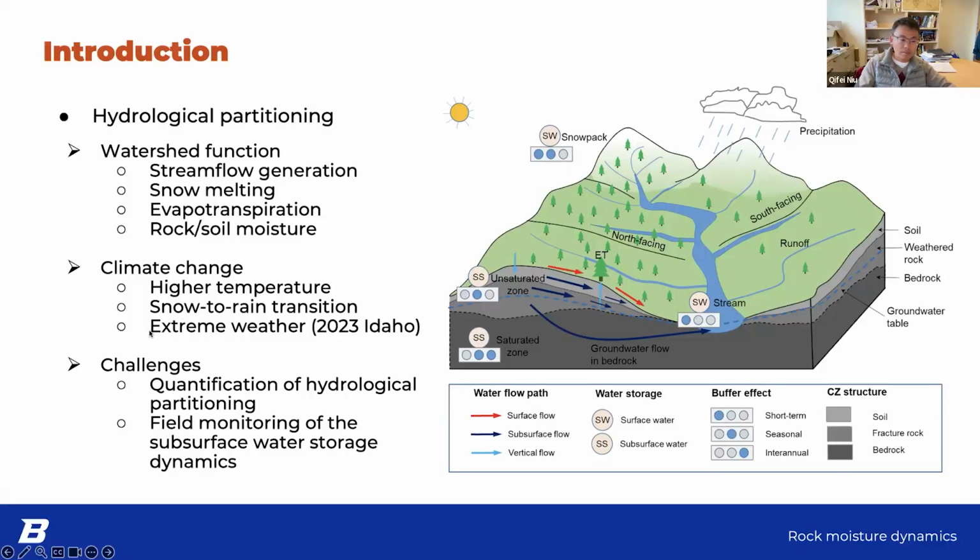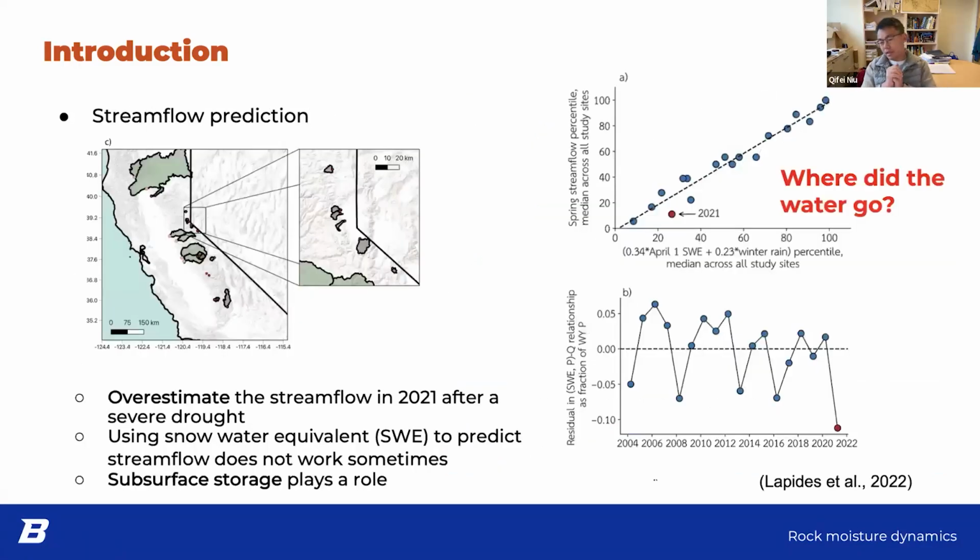We've also seen more frequent extreme weather, for example drought and sometimes wildfires. All of this will affect stream flow generation, because in Idaho our water pretty much relies on snowmelt flow. But the challenge is that we don't know how to quantify the different components of hydrological partitioning, in particular the subsurface storage. And some of you may be wondering why subsurface matters.